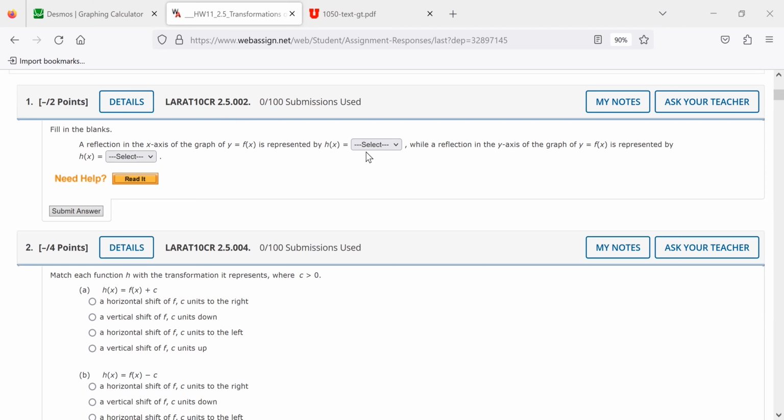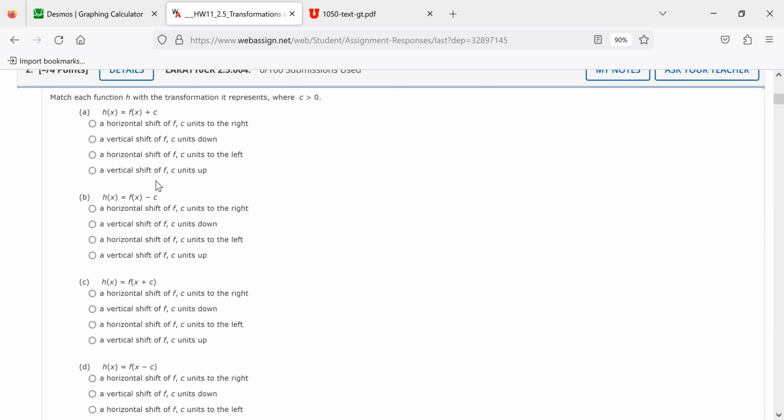Yeah, the negative f of x. Over here, if the plus c or plus constant is on the outside, what type of shift is this? Assuming c is positive.